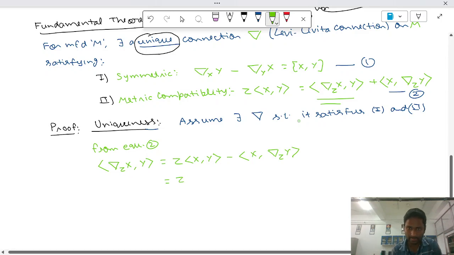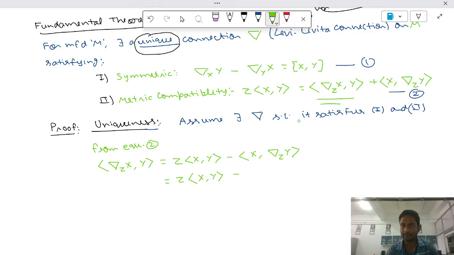Now this thing is as it is. Here x comma nabla z y, you can make use of your symmetric condition. By this symmetric condition, what will you have? This is nabla z y.